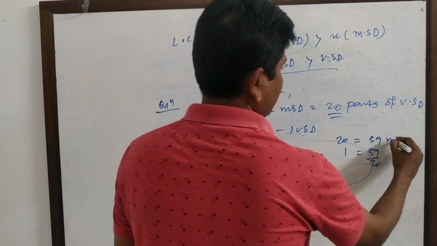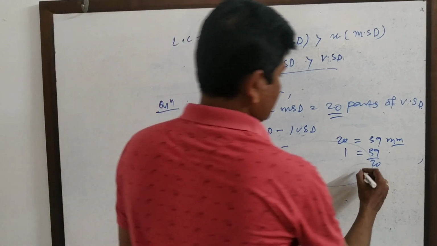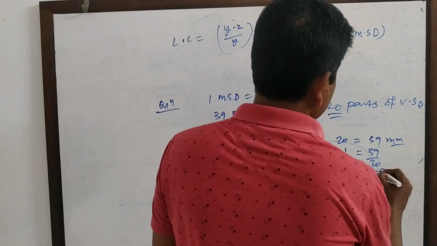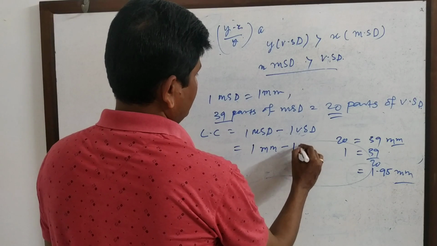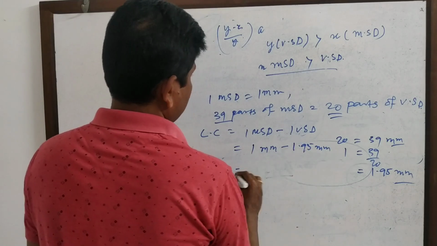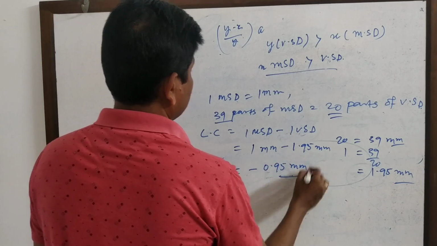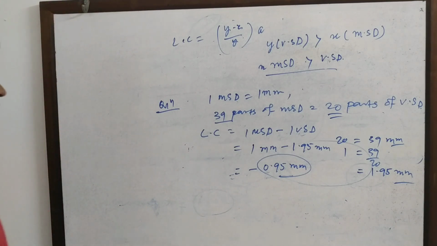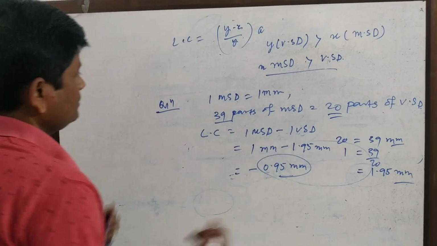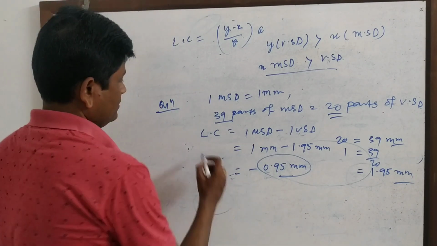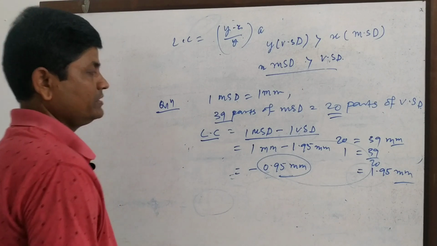This is equal to 39/20 mm, got it? This is equal to 1.95 mm. Least count is equal to minus 0.95 mm. Is it possible? No, least count cannot be negative here. Then what goes wrong here? The least count formula in this case will not be 1 MSD minus 1 VSD.